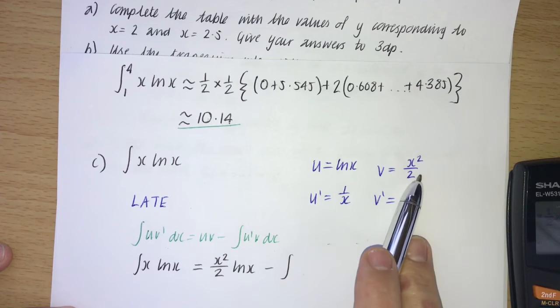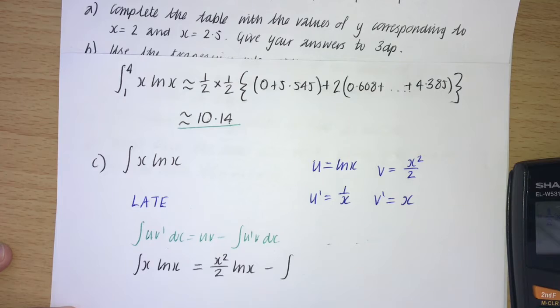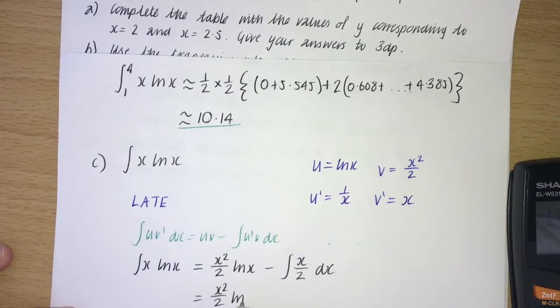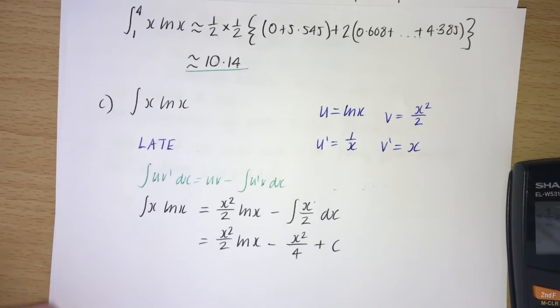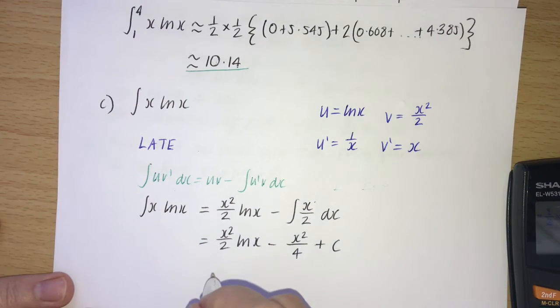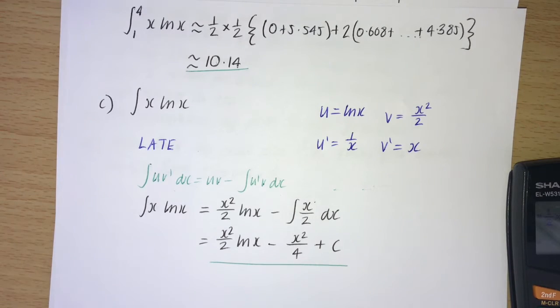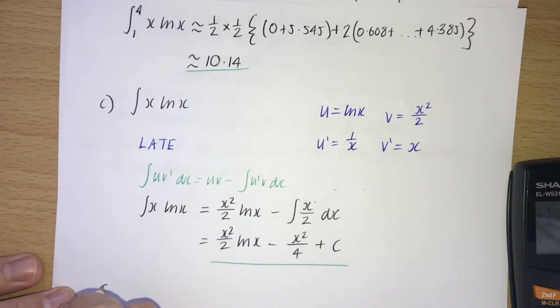Now 1 over x times x squared over 2, and x will cancel with an x to give us x over 2 dx. So x squared over 2 ln x minus, raise it to a 2 and divide by it, minus x squared over 4, plus c. So integrated that.